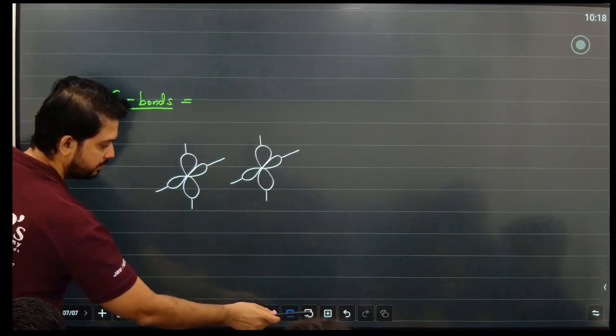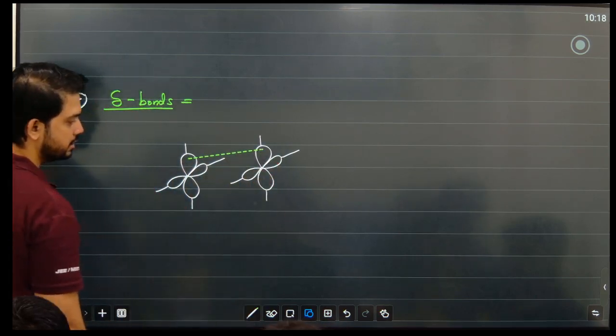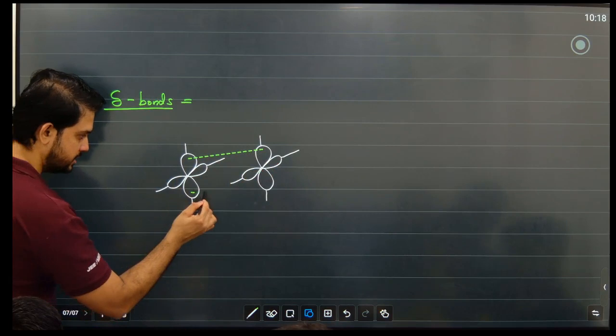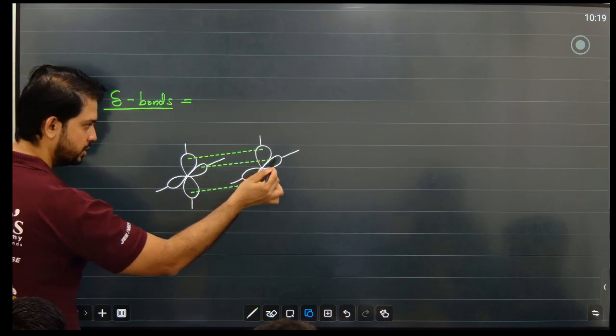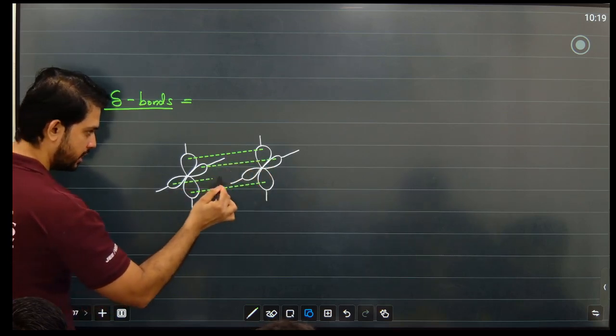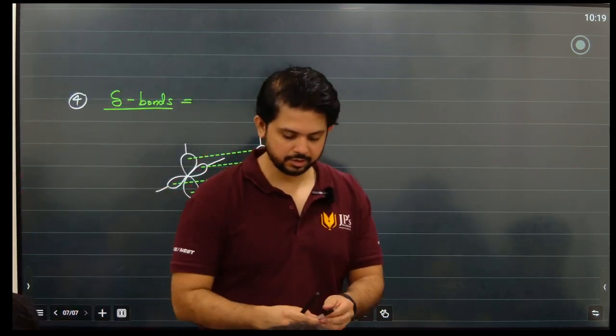The overlap taking place is this lobe with this lobe, the lobe on the left with the lobe on the left, and the lobe on the right with the lobe on the right. Can you imagine something like this?